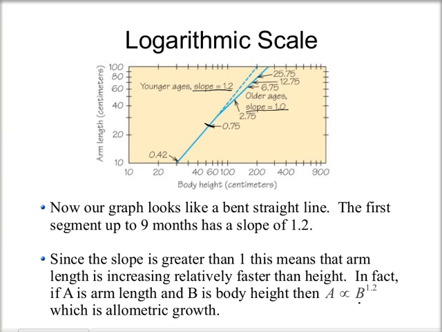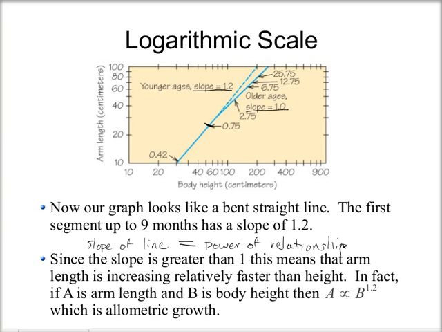A is proportional to B to the power of 1.2, which is allometric growth. So the important thing here is that the slope of the line in my logarithmic graph here is equal to the power of the relationship for allometric growth.